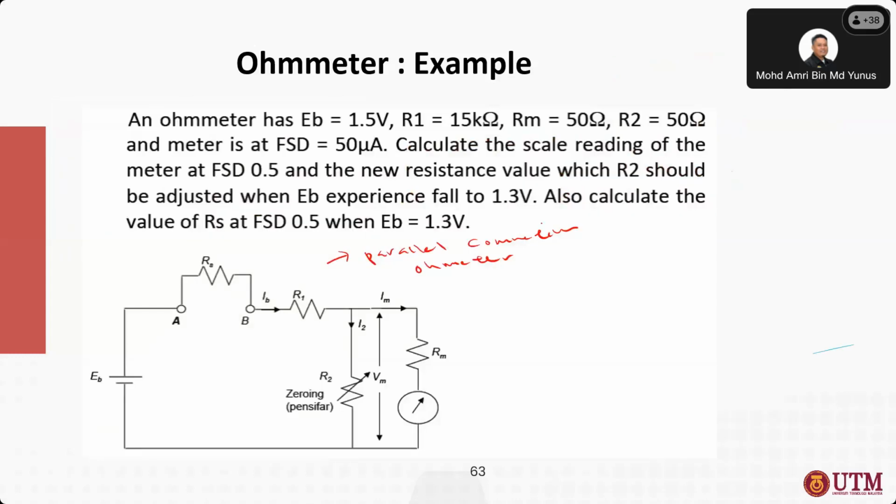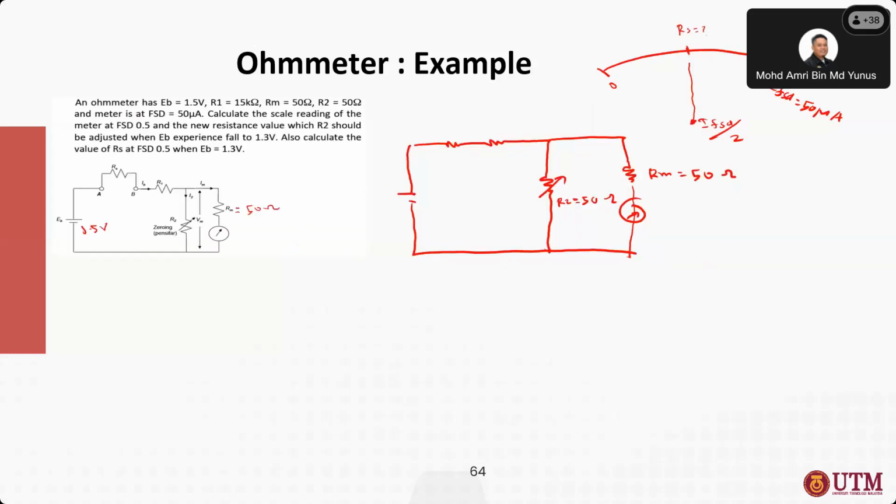R1 is this resistor. This R1 is 15 kilo ohm, and this is the RS, 1.5 volts. So if half scale, what is the value of RS here? What is the value of RS?